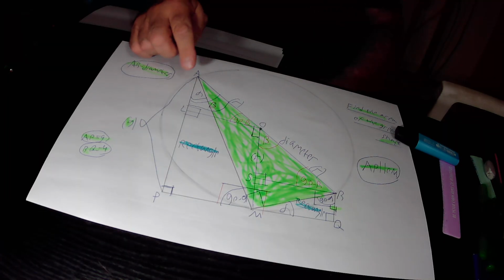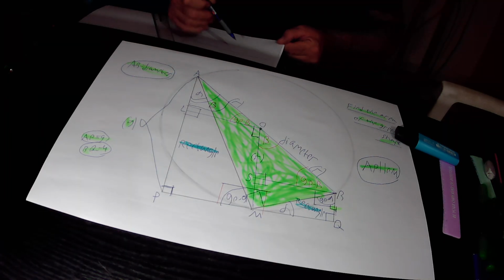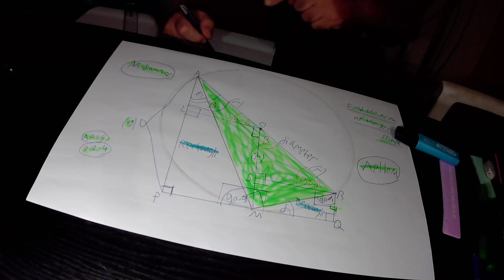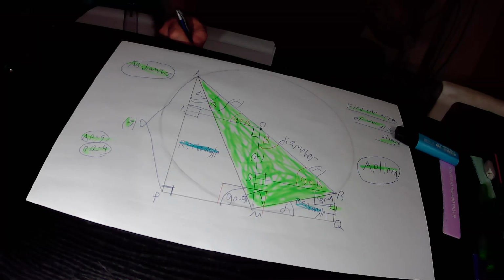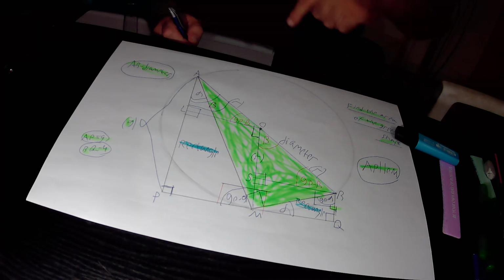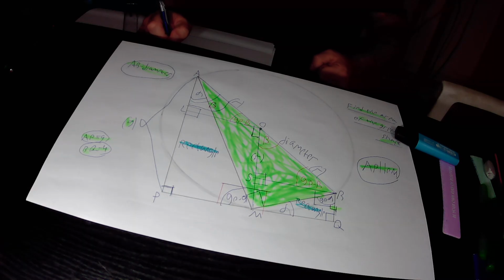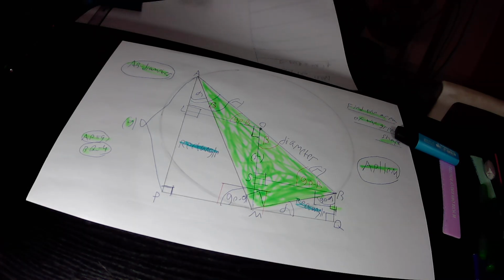So this is angle LAO in the right triangle ALO, and it is equal to this angle, angle SOB in the right triangle OSB. They are both equal to beta, and therefore they are equal to each other.